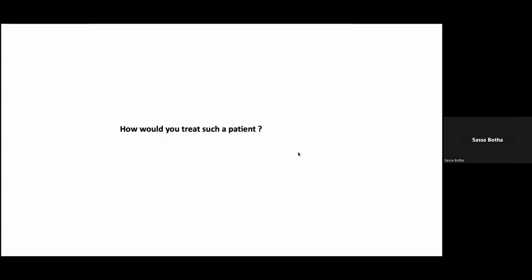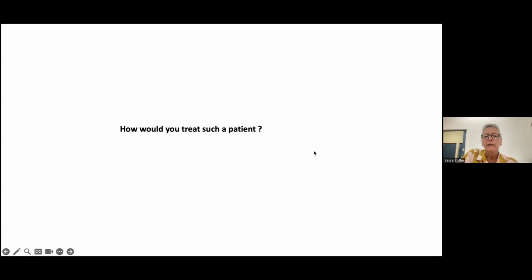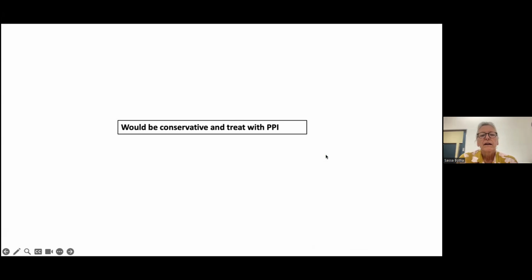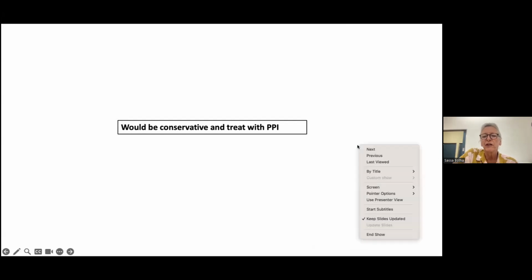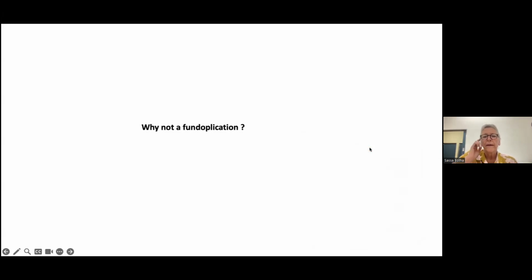Yes, you'll definitely give PPI because they will reflux. And the broader term is you're going to treat it conservatively. So it's conservative treatment, and you would treat aggressively with PPIs, quite often a double dose, because you don't want them to get strictures.